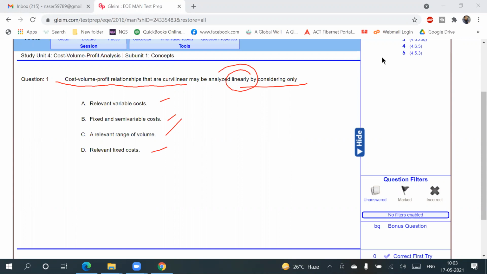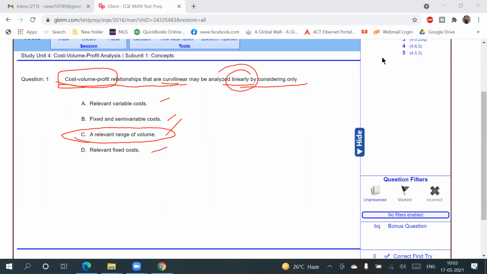Now let me answer this. A relevant variable cost is fine, but it does not make sense when we are talking about curve linear and linearly. What I can say with the CVP analysis or CVP relationship is that it will be best when you do it in the relevant range itself. It will be constant in the relevant range.